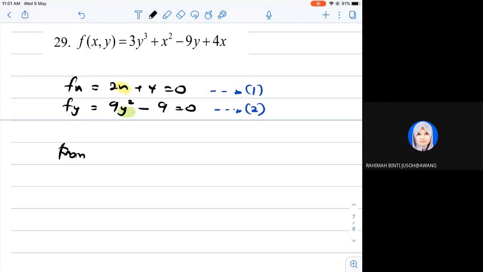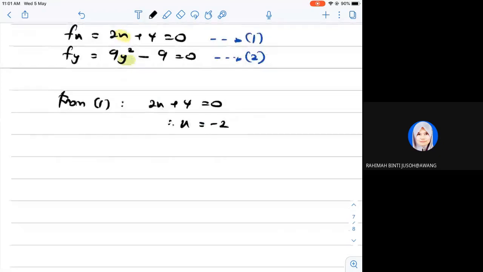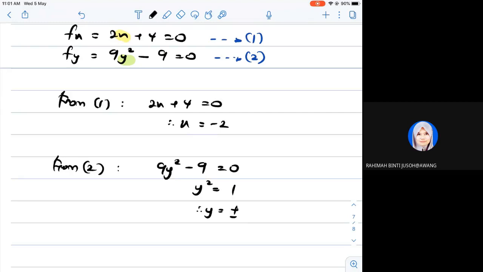From 1, we have 2x plus 4 equals to 0. Therefore, x equals to negative 2, isn't it? And then from 2, we have 9y squared minus 9 equals to 0. So y squared equals to 1. Therefore y equals to plus minus 1 kan?